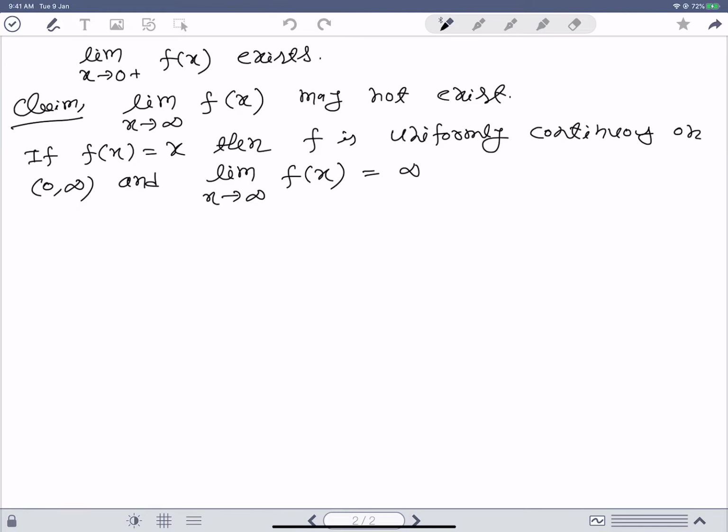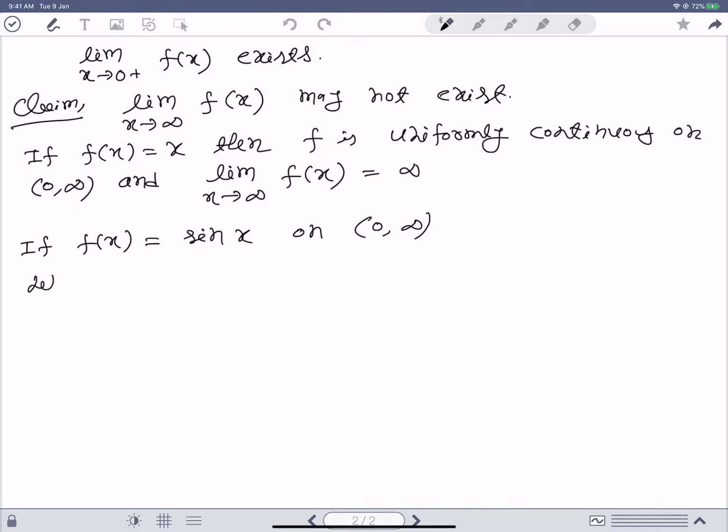Okay? But if we take f(x) equal to sin x on the open interval (0, infinity), then first we prove that f is uniformly continuous, and then we show that the limit as x tends to infinity does not exist. So why is f uniformly continuous on that domain?